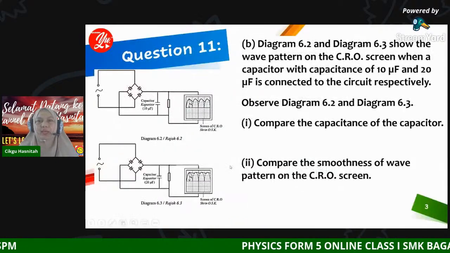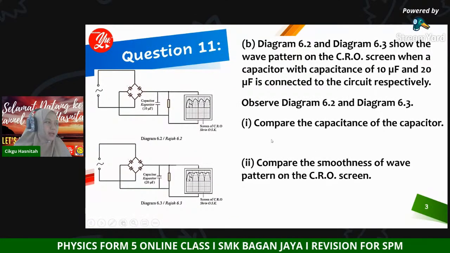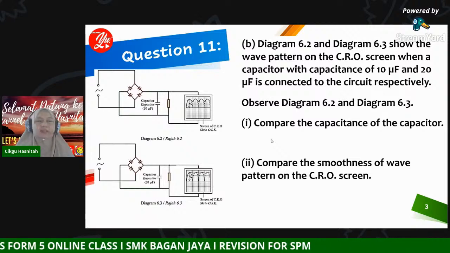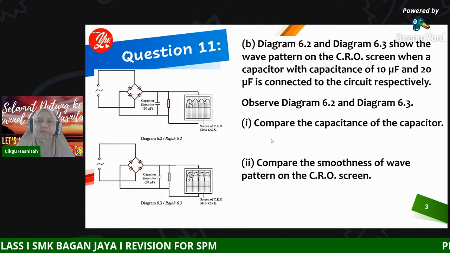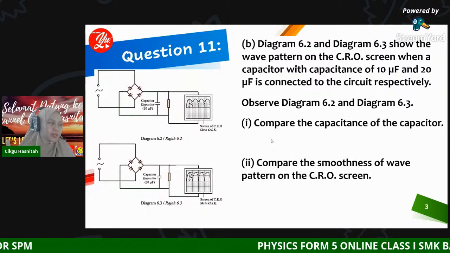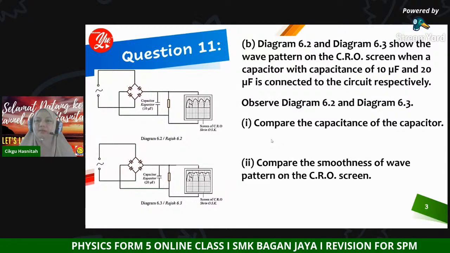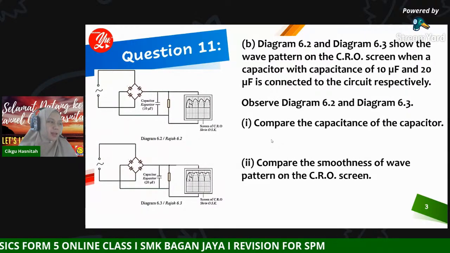So how do we compare the value of the capacitor? Are they the same? Are they different? If they are different, which one is higher and which one is smaller? Can you share your answer?